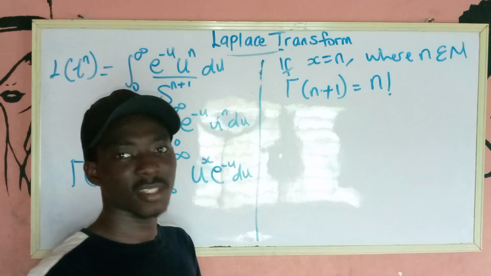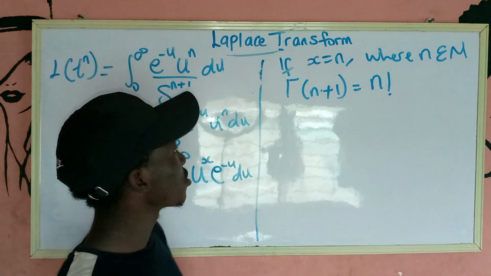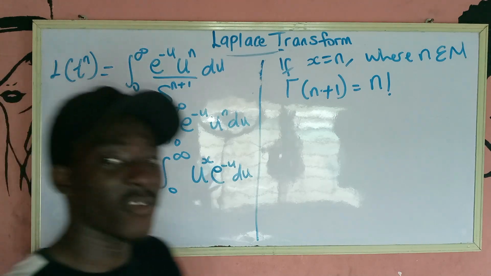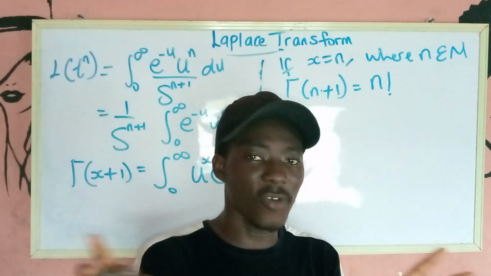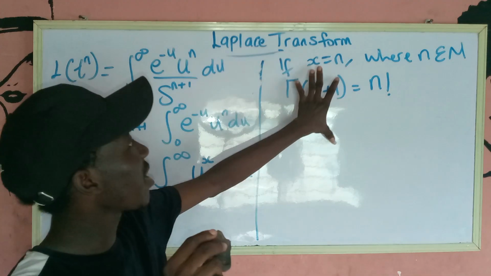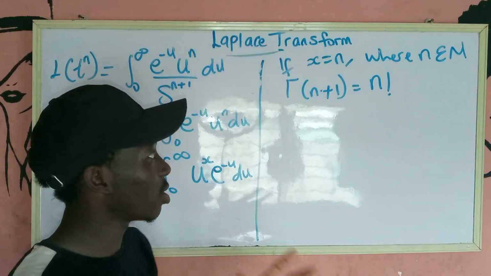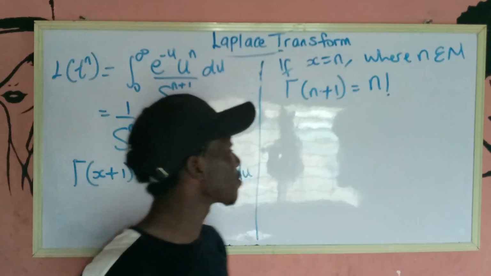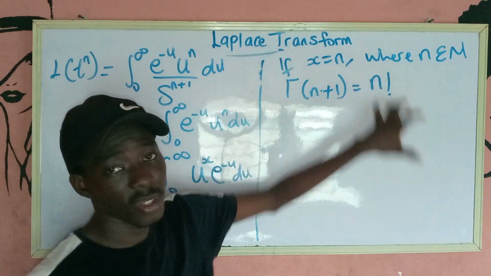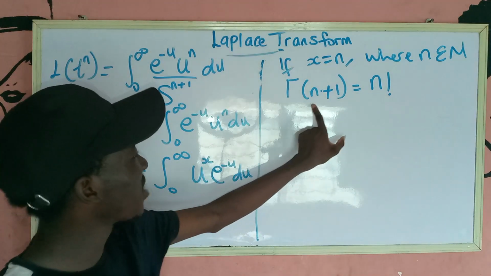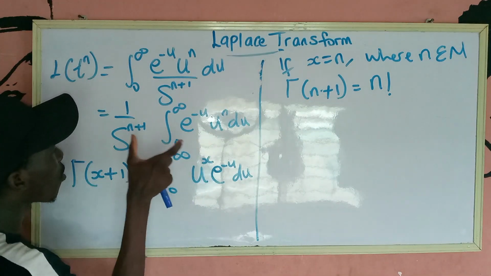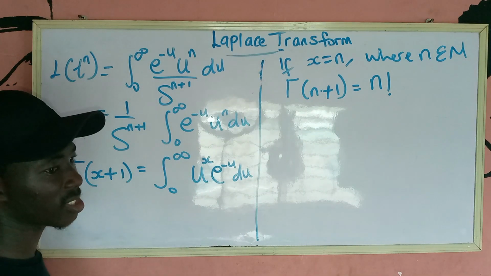If I have 3 factorial, it means 3 times 2 times 1. So whenever you have this particular x here, that x means a variable. Are you getting me now? It can be of any form whatsoever. But whenever x is just a normal natural number, then this equals the factorial of that number. But if it's n plus 1 here, you have n factorial. The same thing occurs here now, which makes our work easier.